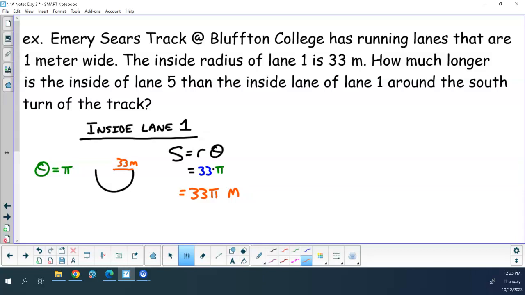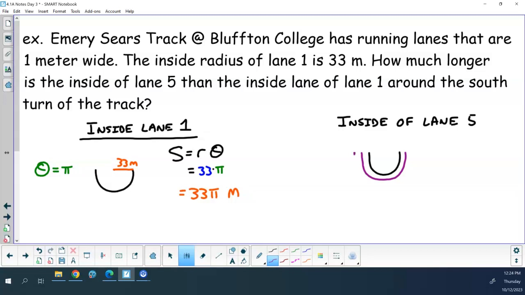Okay. So now let's talk about the inside of lane 5. Here is the inside of lane 1, right? A little purple. Here is the outside of lane 1, or the inside of lane 2.